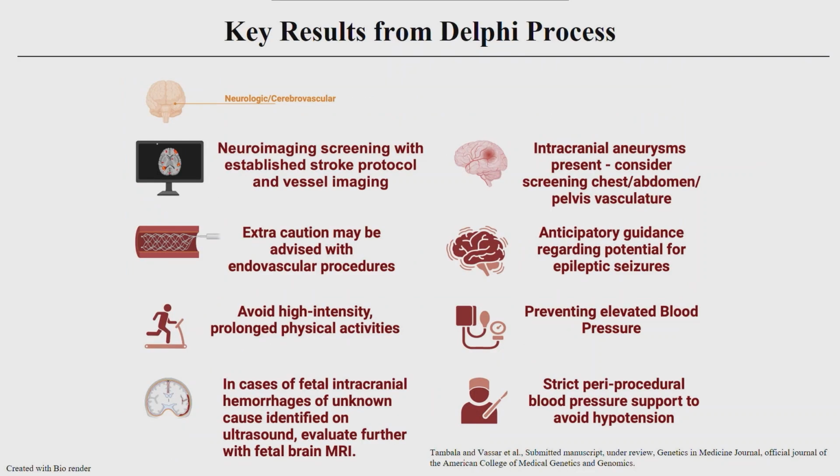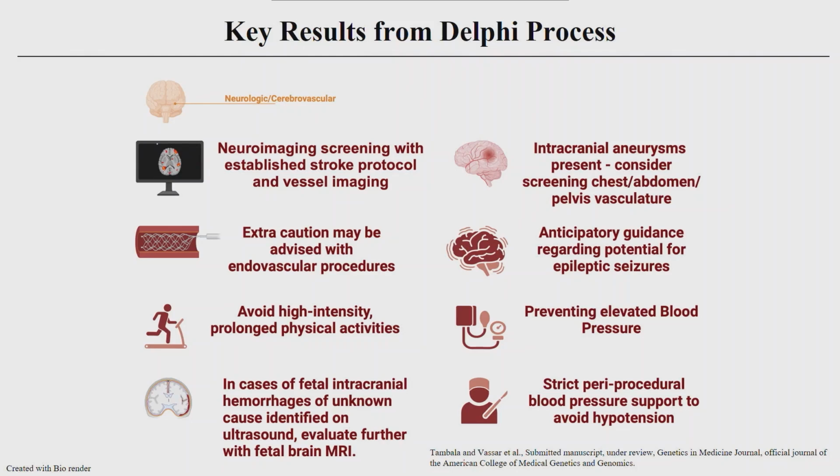In the neurologic and cerebrovascular system, we reached agreement on providing neuroimaging screening with an established stroke protocol and vessel imaging, advising extra caution when any endovascular procedures are needed in this patient population, avoiding high-intensity prolonged physical activities, and, in cases of fetal intracranial hemorrhage of unknown cause identified on fetal ultrasound, evaluating further with fetal MRI.